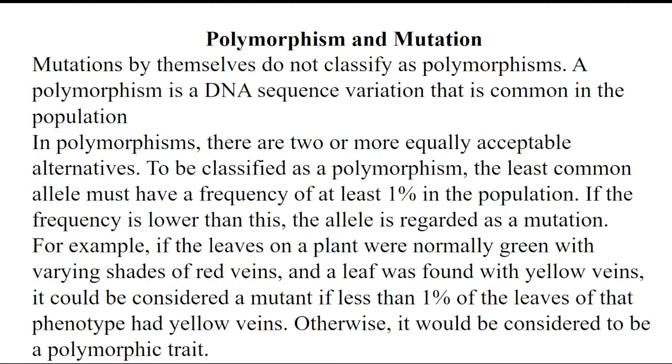Otherwise, it would be considered to be a polymorphic trait. So, as a result of this, you should understand which changes of DNA we call polymorphic traits. Only if the frequency of these genes is more than 1% in population.